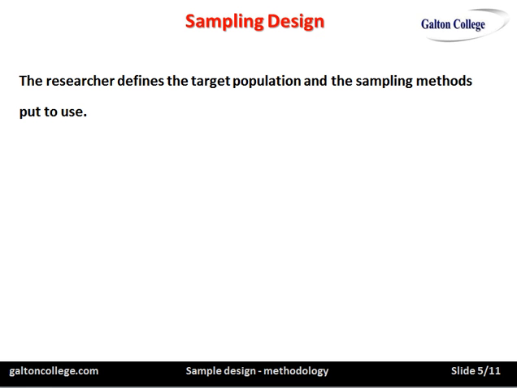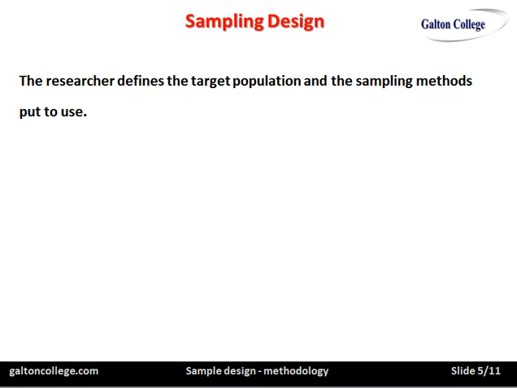Now as I said, it's a short class and very straightforward, but in this case the researcher defines the target population and the sampling methods to be used. So the target population is identified and the sampling method to be used is also selected.